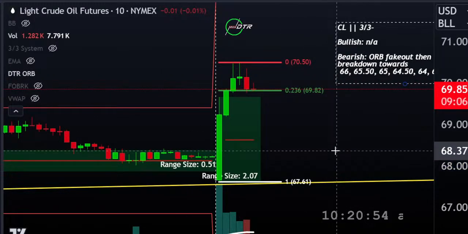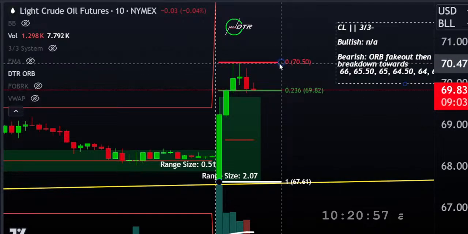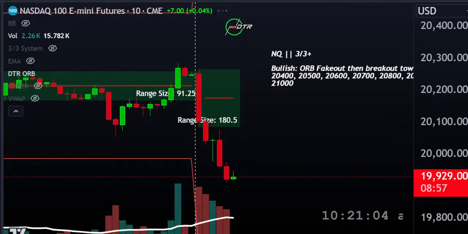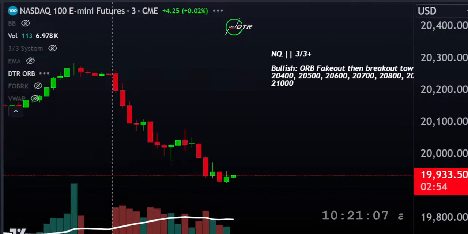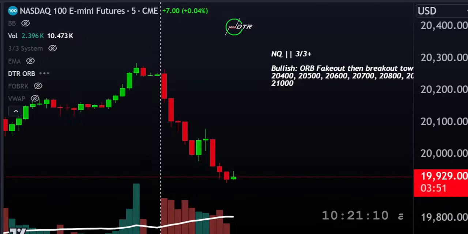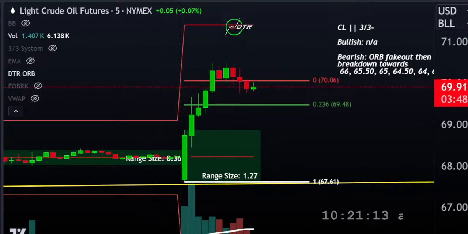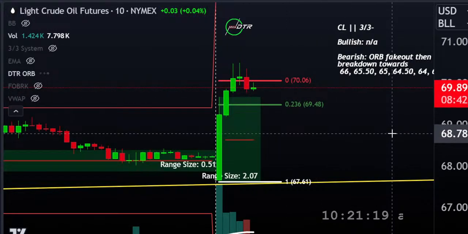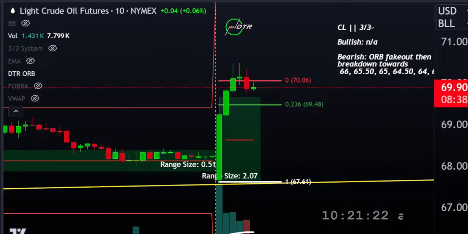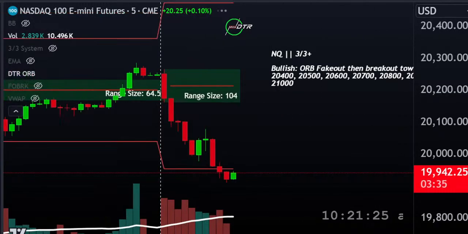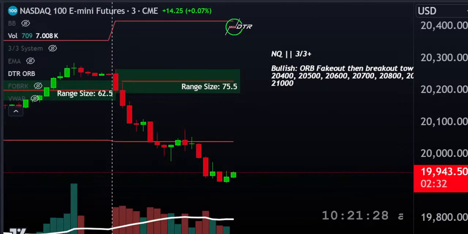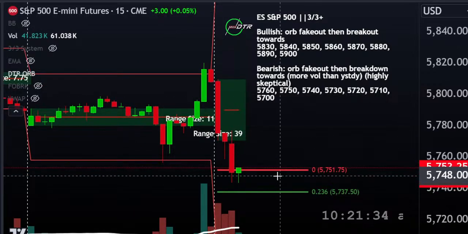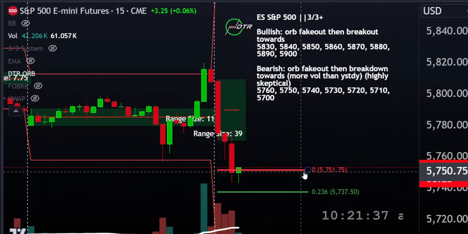Now that's too big of a stop loss, right? 45 points, approximately, too big. Okay, so no longer interested on ES to the downside.